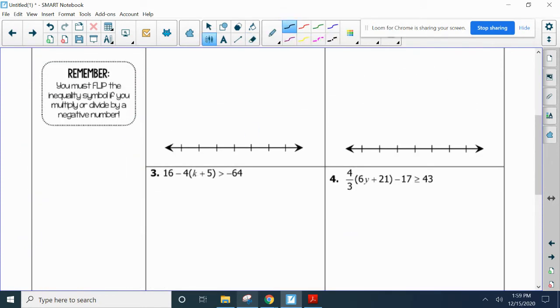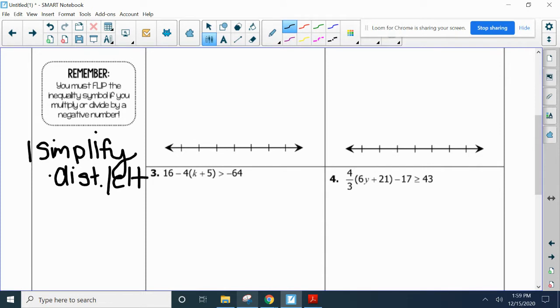So step one, we know, is to simplify. Simplify, which means distribute and combine like terms. After you've done that, you're going to ensure that your variables are on the same side.